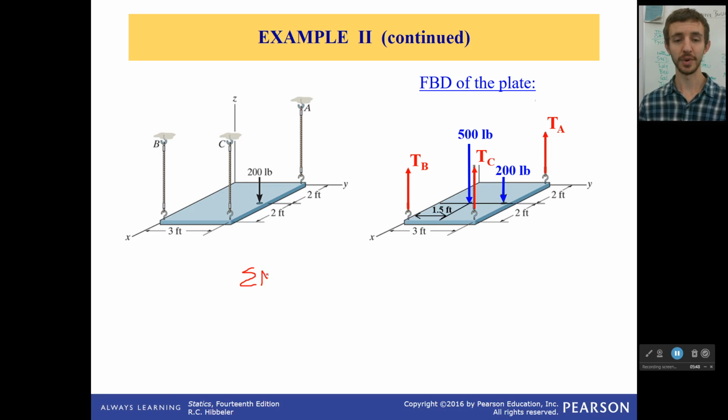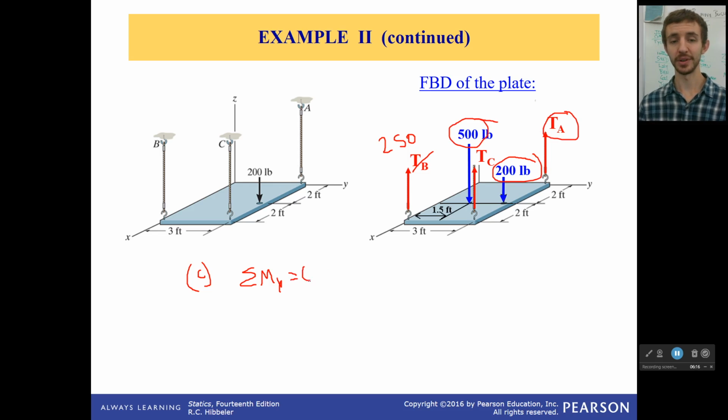So the sum of the moments around the y-axis, this is still at point C. So I know TB now. This is 250. I solved that for my first equation. If I'm doing around the y-axis, it doesn't actually count. It doesn't do anything for that moment. However, this one does, and this one does. But as you can see here, I only have one unknown.